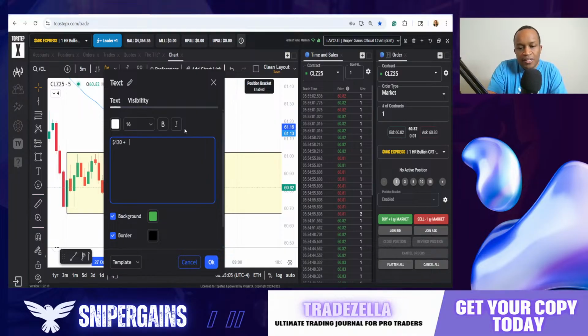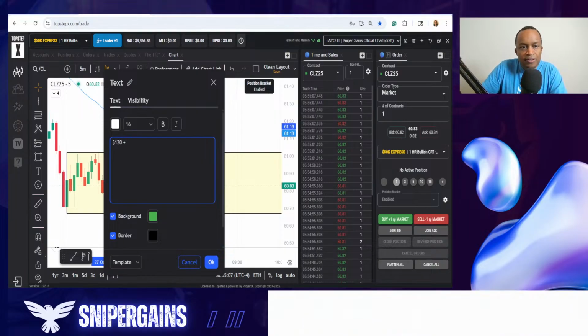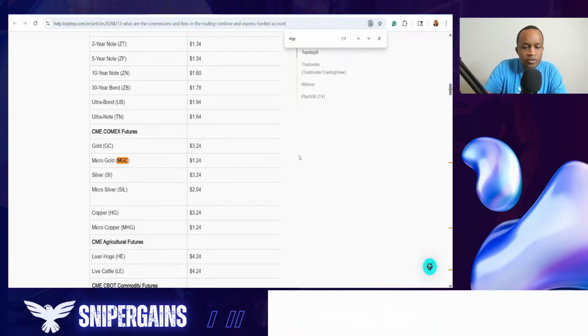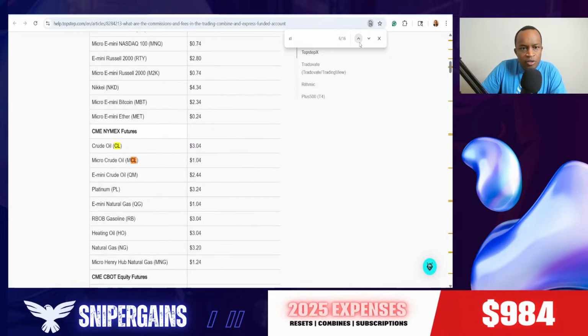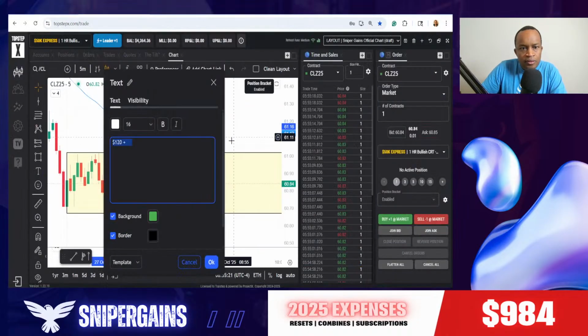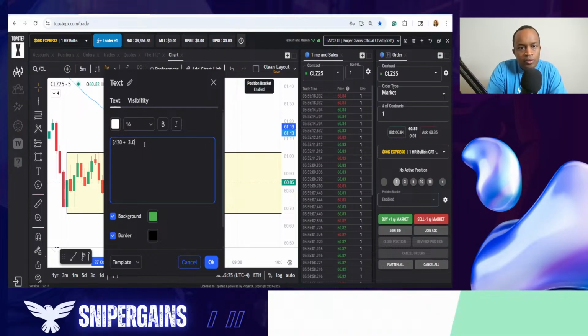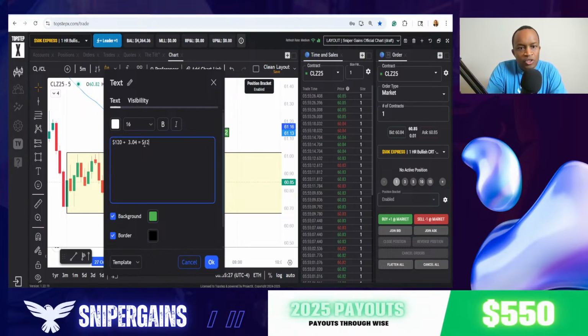Plus the fees. So the fees for CL is going to be 1, 2, 3, it's going to be 3.04. So 3.04 equals 123.04.